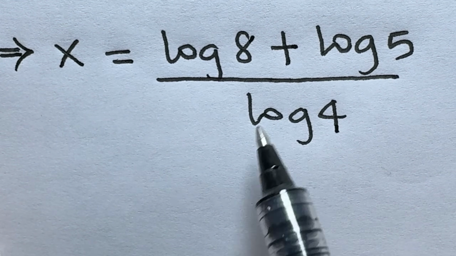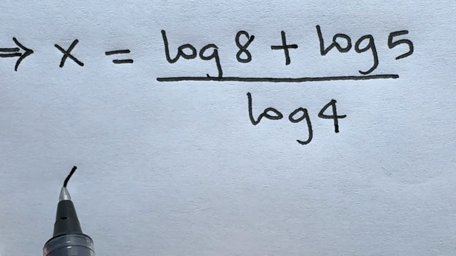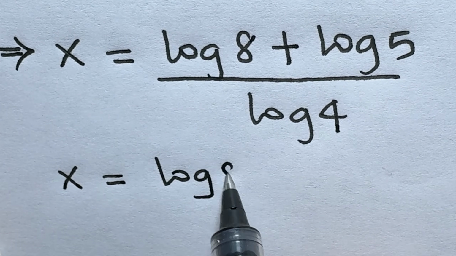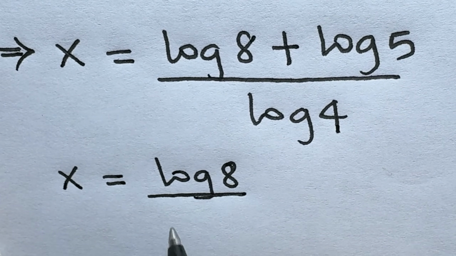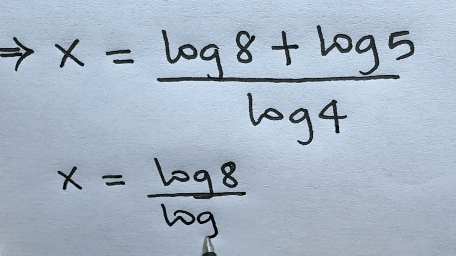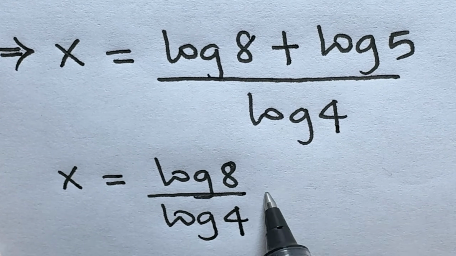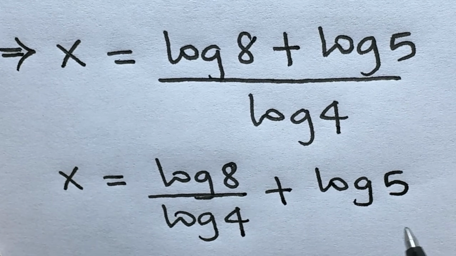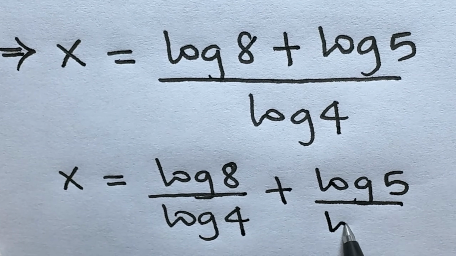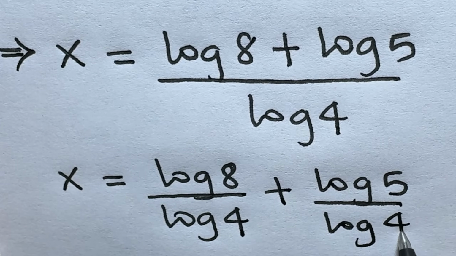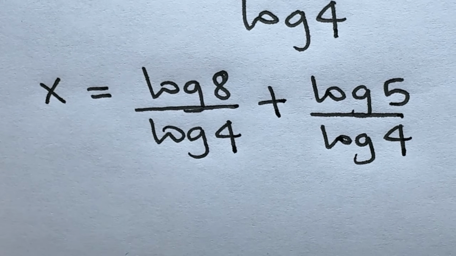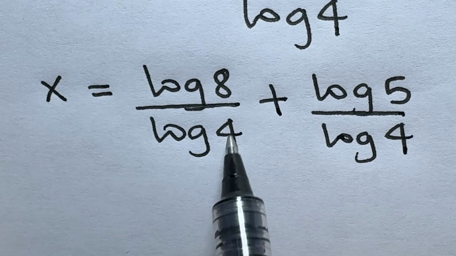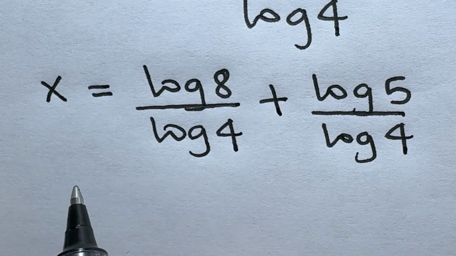At this point, we separate this division to give us x is equal to log 8 divided by log 4, then plus log 5 divided by log 4. I can express 8 as 2 raised to the power 3, 4 as 2 raised to the power 2.